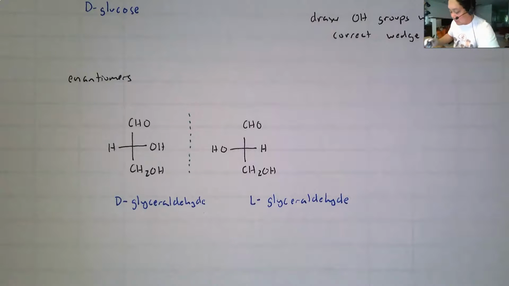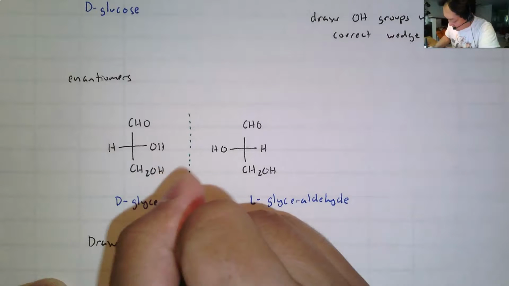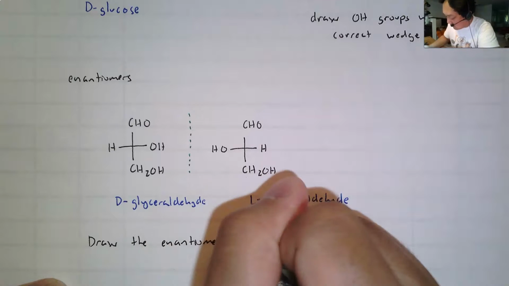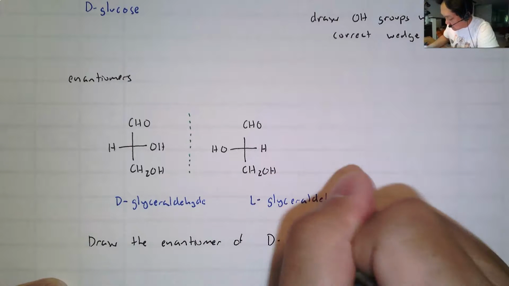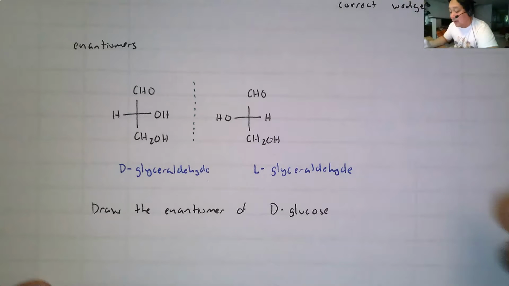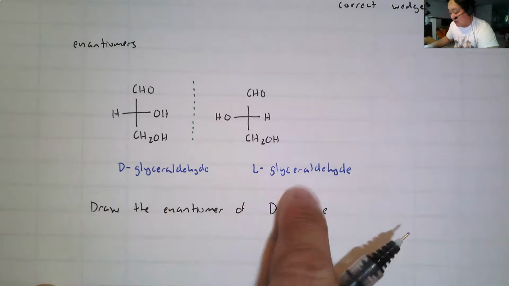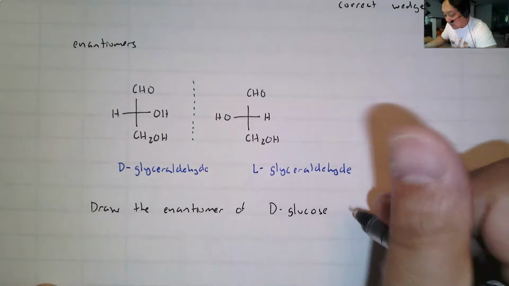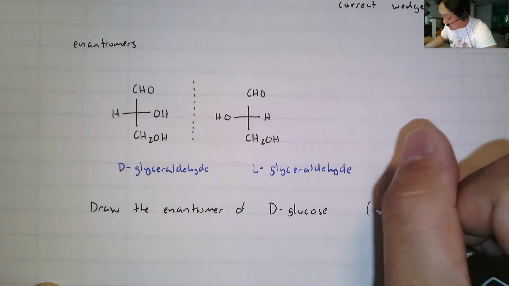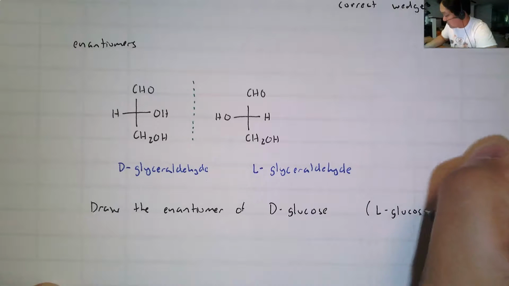So a popular question is, draw the enantiomer of D-glucose, and name it. Whenever you take the enantiomer, you just switch the D to the L, and you keep the name. So every chiral carbon is going to change. It's still considered a glucose, but in this case, your enantiomer would be L-glucose.